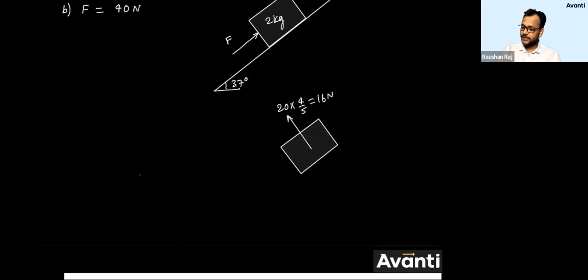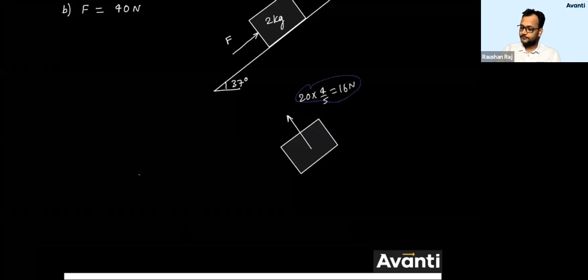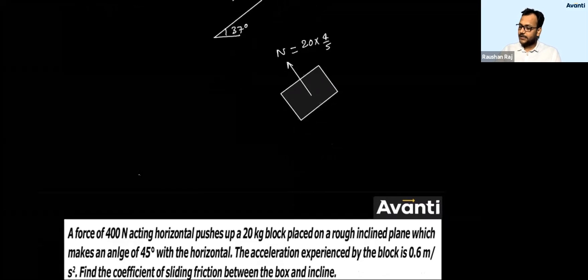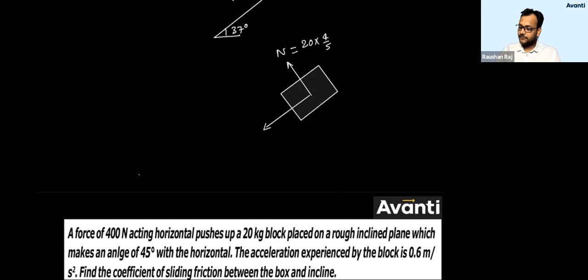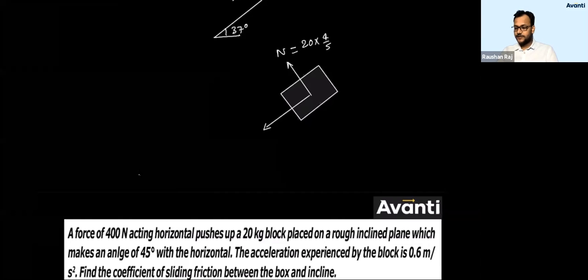I'm not going to write this again. I'm going to simply write normal is equal to mg cos theta. I'm not going to draw the mg cos theta again. ठीक है, मैं सिर्फ normal दिखा रहा हूँ. अच्छा, what will be the mg sin theta बच्चा? तो mg sin theta will be equal to 20 into 3 by 5. Right? 20 into 3 by 5.